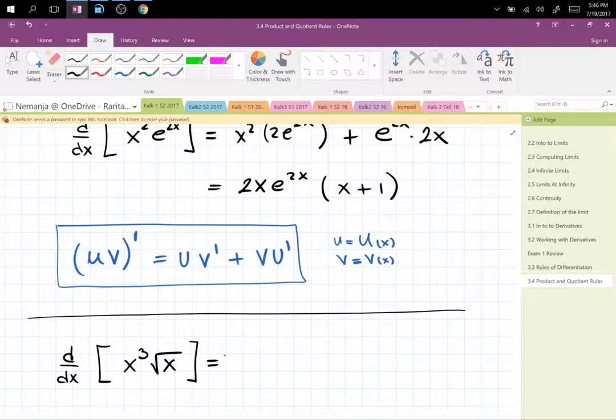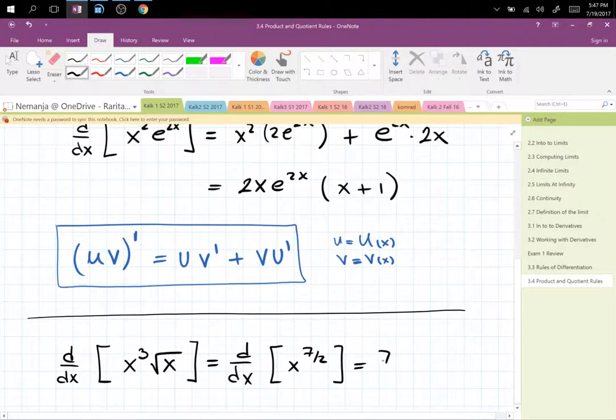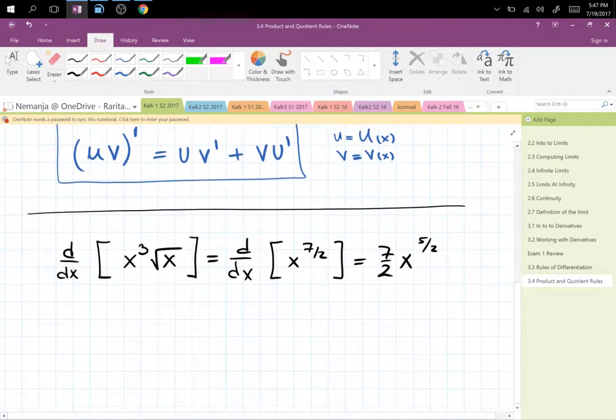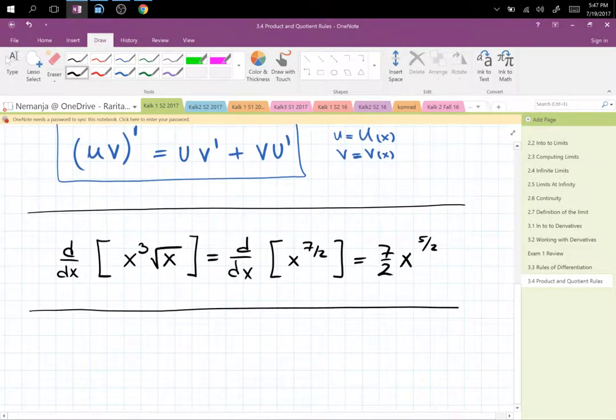This is simply x to the 7/2, and you just use the basic rule. Yeah, you unleash algebra upon this question. Yeah, it's okay. Face palms are allowed. Now, can you do this using the product rule?